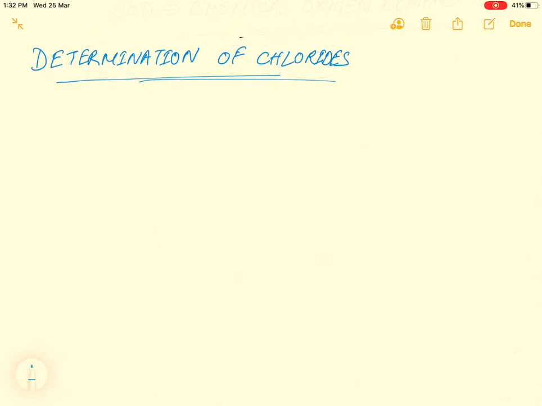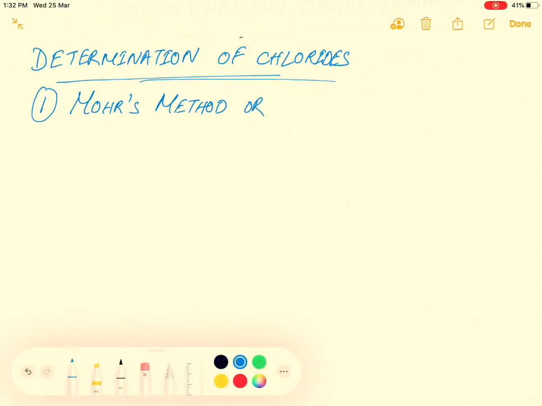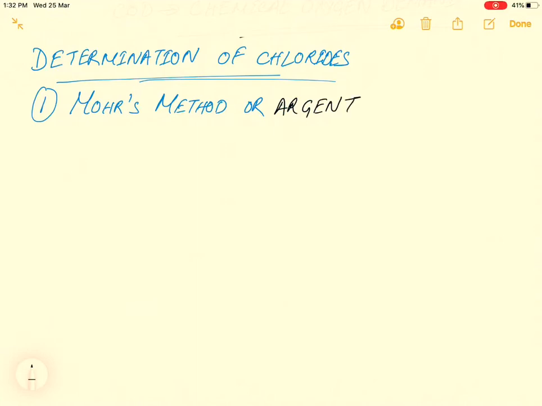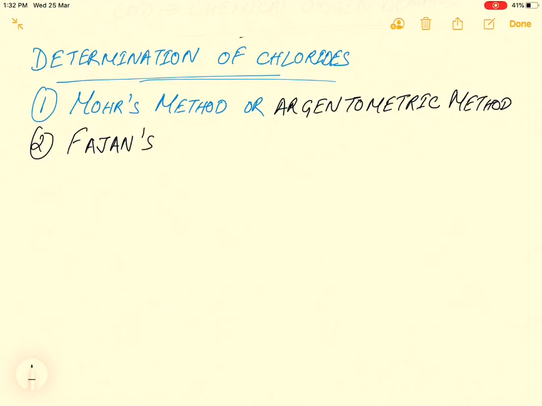Okay, so how do you determine chloride? There are different methods for determination of chlorides. You have the Mohr method, also called the argentometric method, then you have Fajans' method, and then you have some electrochemical methods also.